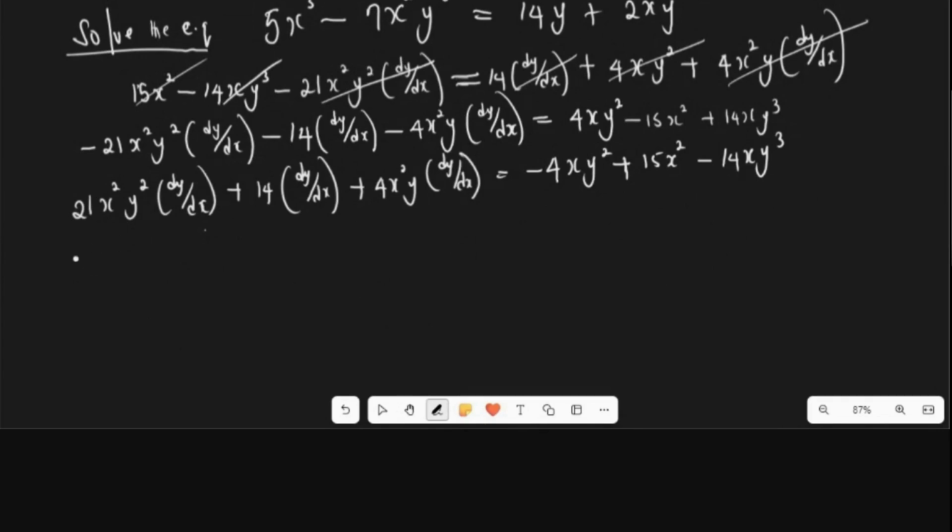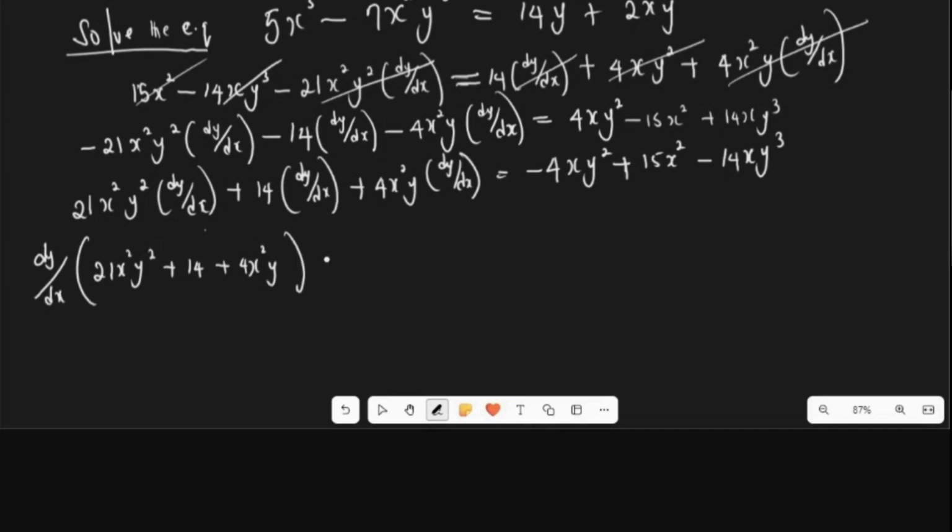So we can bring out the dy over dx. So you can have 21x squared y squared plus 14 plus 4x squared, I'm going to put this xy, then my y here.